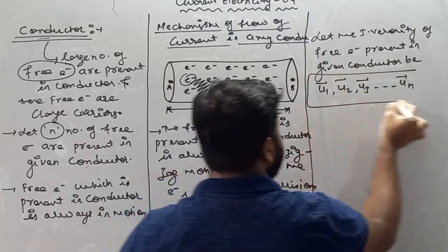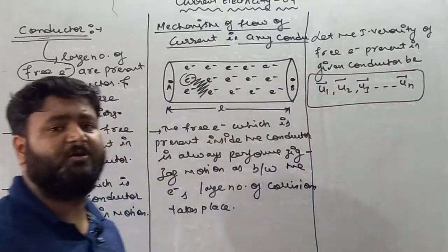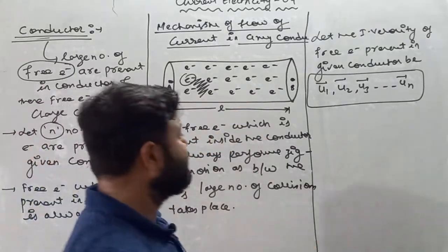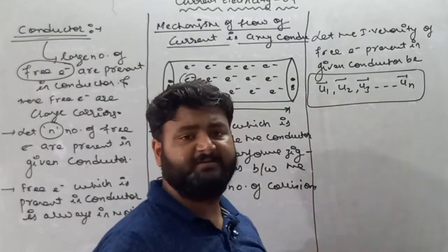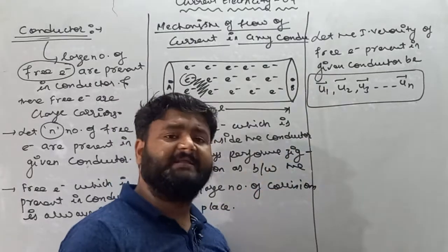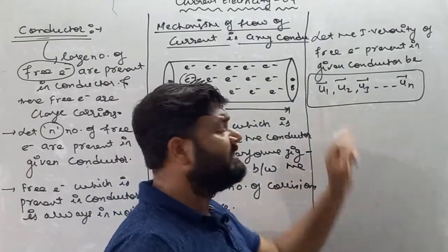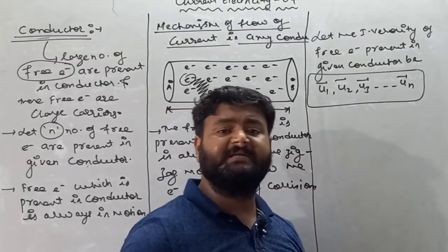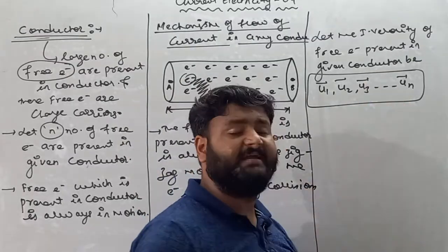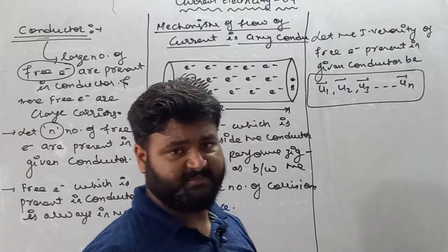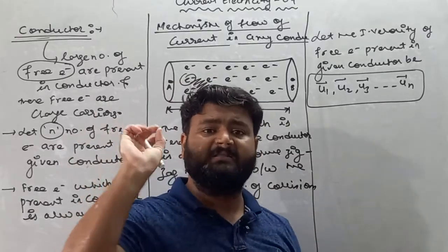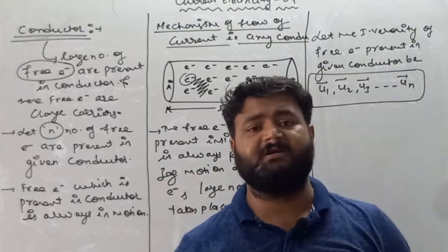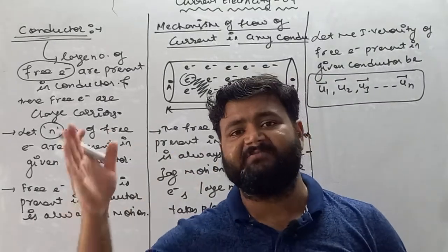As we know, n number of free electrons are present inside the conductor, and every free electron carries a different initial velocity. The first electron carries, let's suppose, U1 velocity. The second electron carries U2 velocity. The third electron carries U3 velocity. The nth electron carries Un velocity. So one more thing is clear now: in a conductor, all the free electrons carry different velocities.